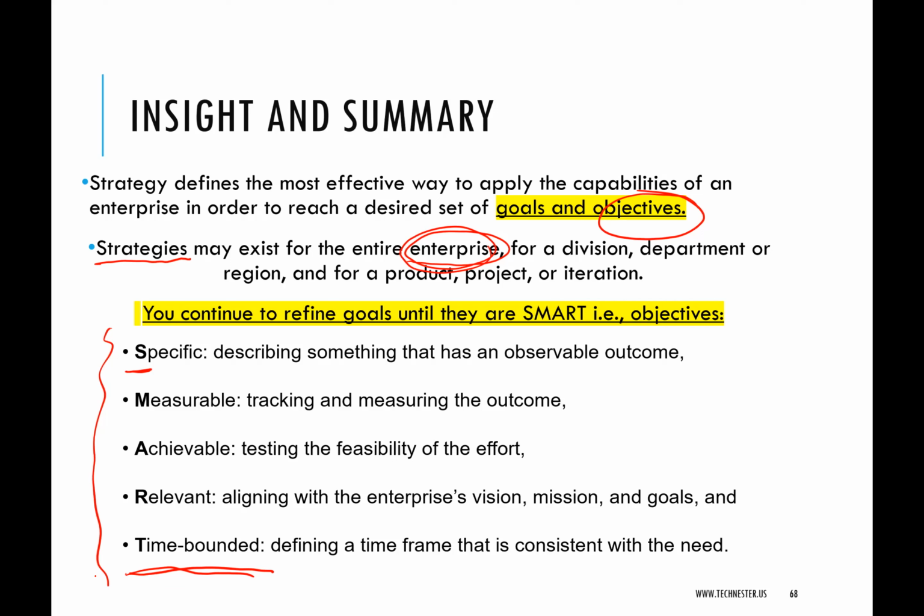It is now measurable. It is now time bounded. It is relevant. It is specific, right? We know the students we want to increase, students in the 25 to 55 age group. Those are our target market. Right? So that's how you refine goals. When you have something clear, then you can proceed to the next phase.